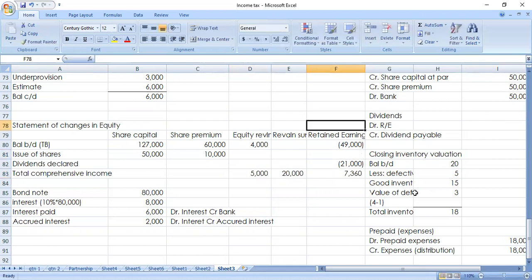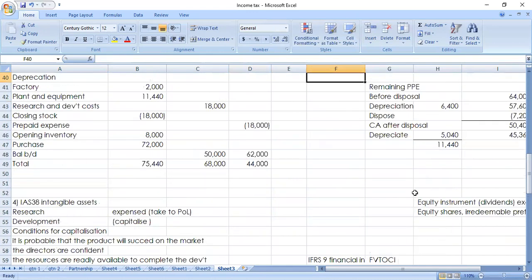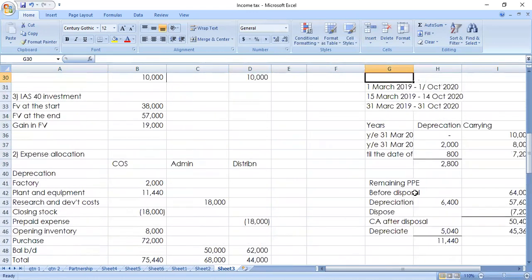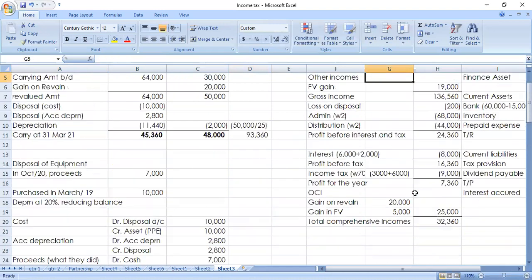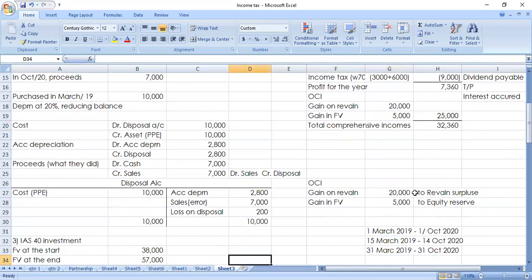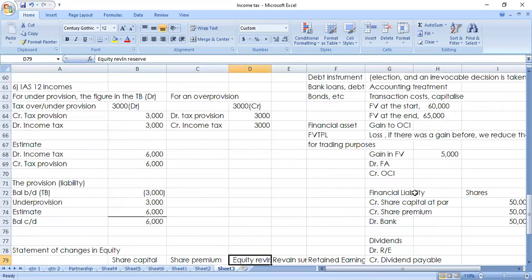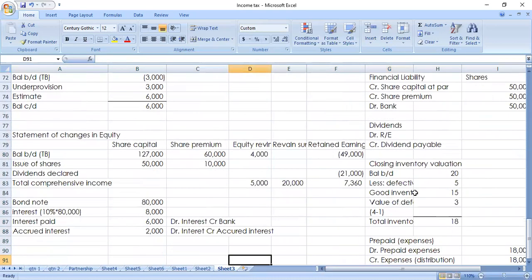Can we just go back to confirm? It says here, profit 7,360. Then the surplus 20, then 5K. Okay, so that's how we deal with profit or loss and end up here.